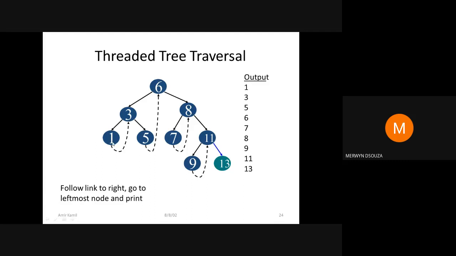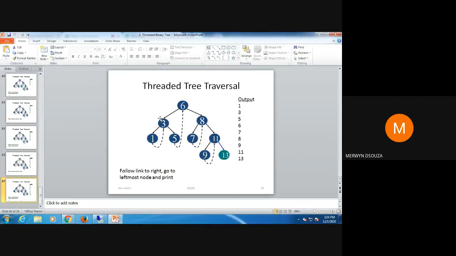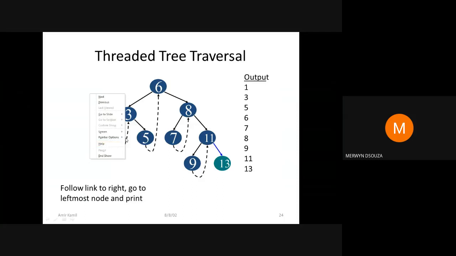So basically, according to the concept, this is what makes your in order traversal more efficient, because we are making use of the null, the place that we were wasting. We had a node structure for a tree wherein we had the left side, the right side, and the data part.